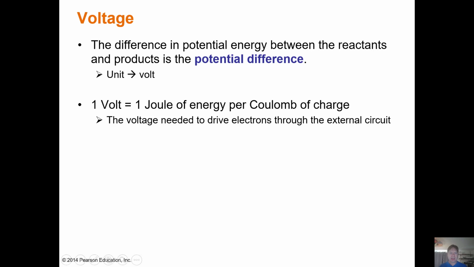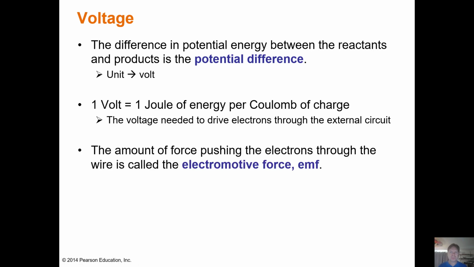So the voltage, again, is what drives the electrons through that external circuit from one half cell to the other. Sometimes the voltage is also referred to as the electromotive force, which is often abbreviated EMF.